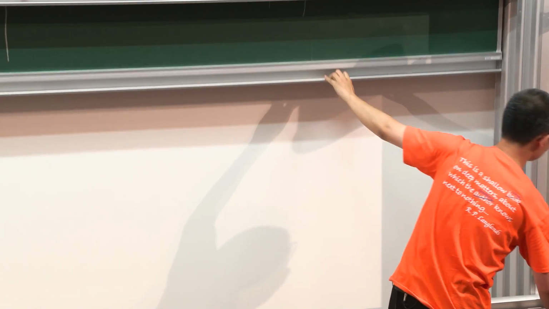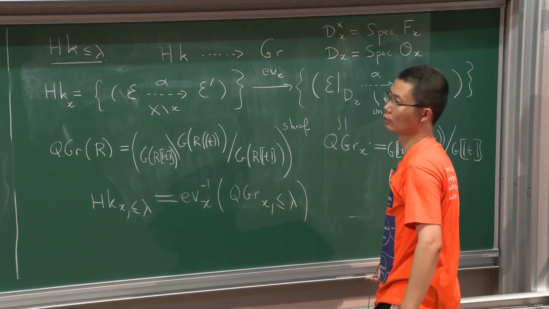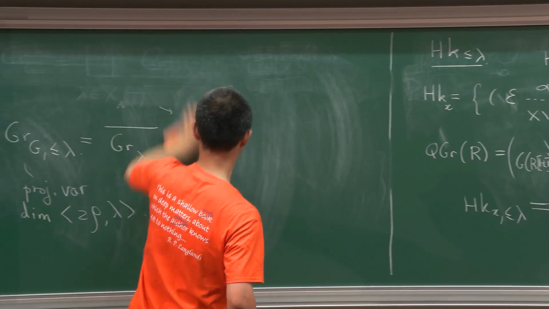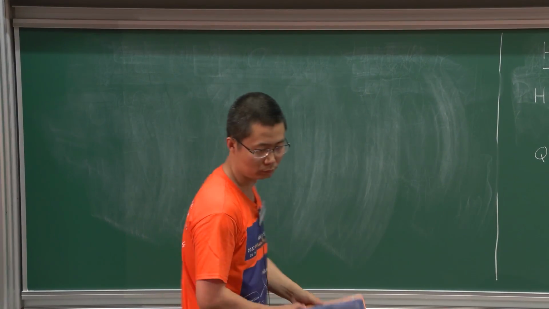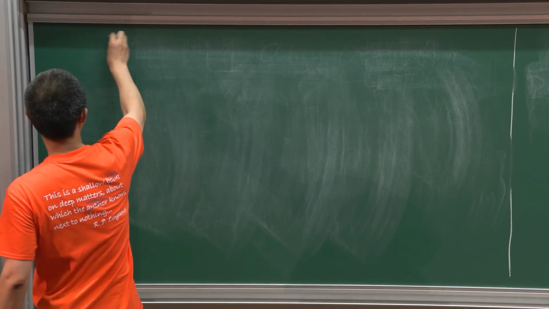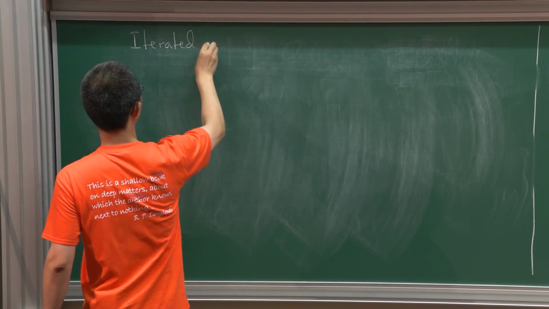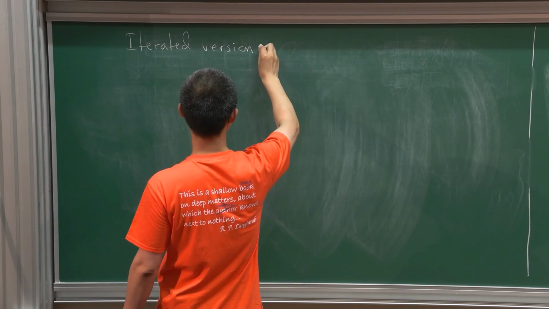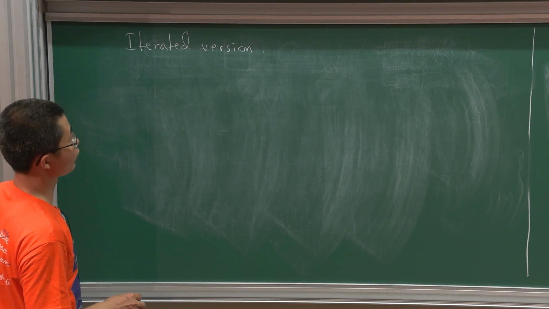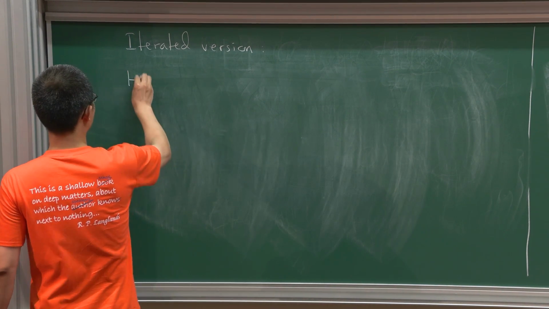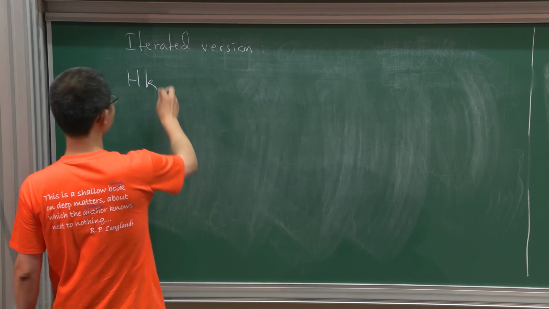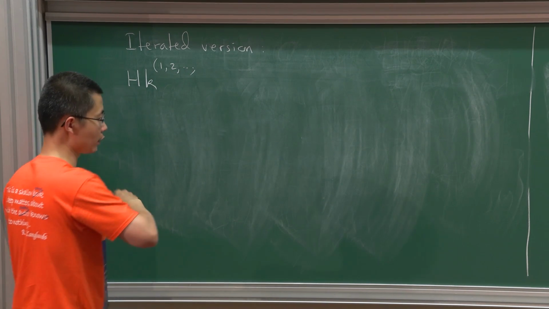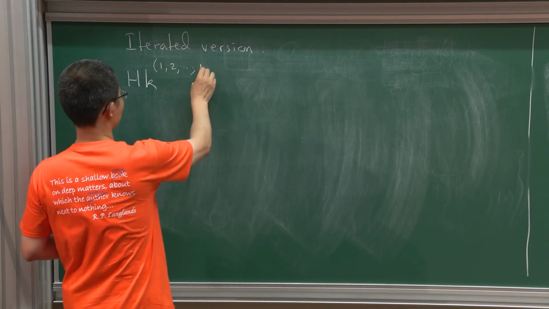So, let me introduce the iterated version. Again, this is not the most general iterated version. We start with the Hecke iterated version. Iterated means I make R steps of modifications.